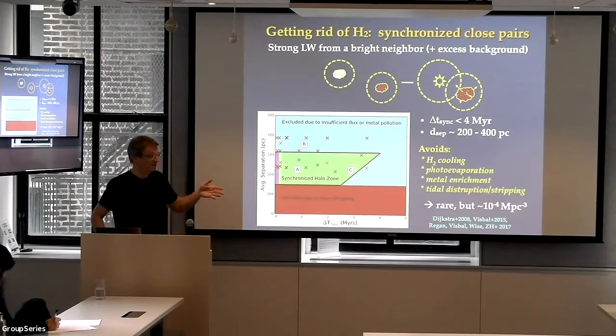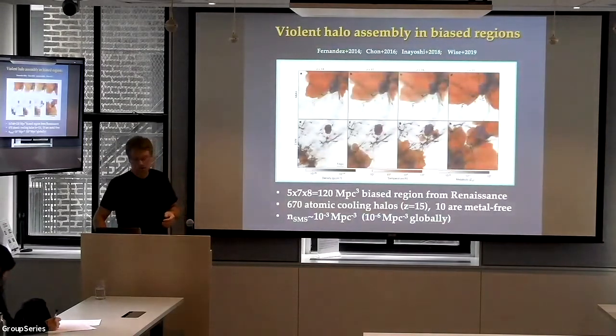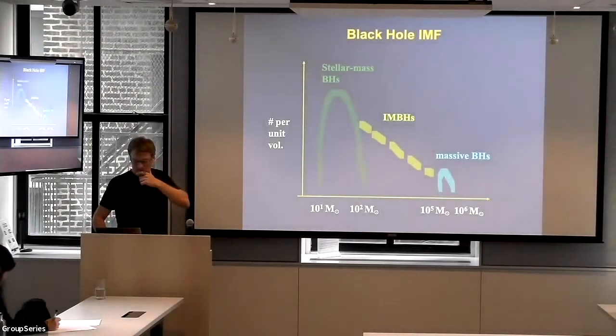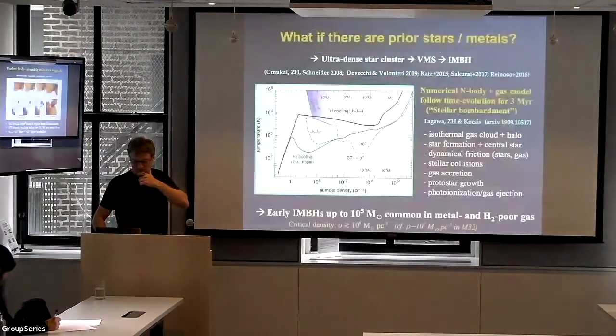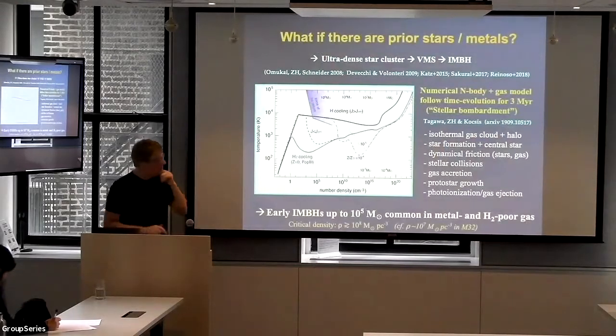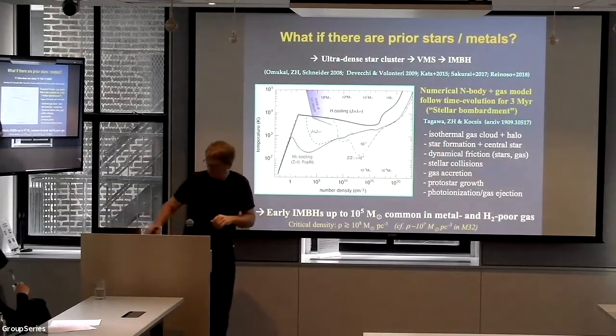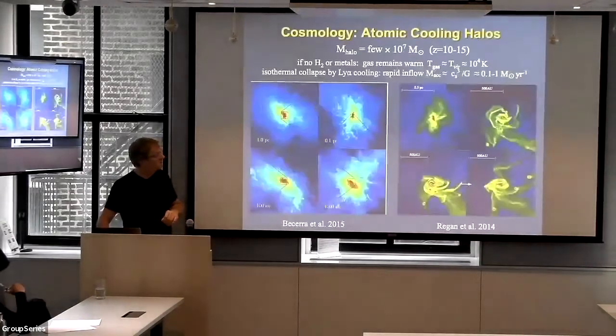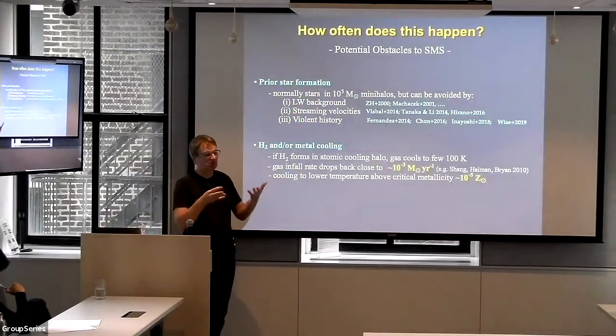So this works. It gives you a decent abundance, and I do want to go to my second topic. But maybe I'll say one more thing, just to go back. So in principle, this term, 4 megaparsec, could be a rough number.